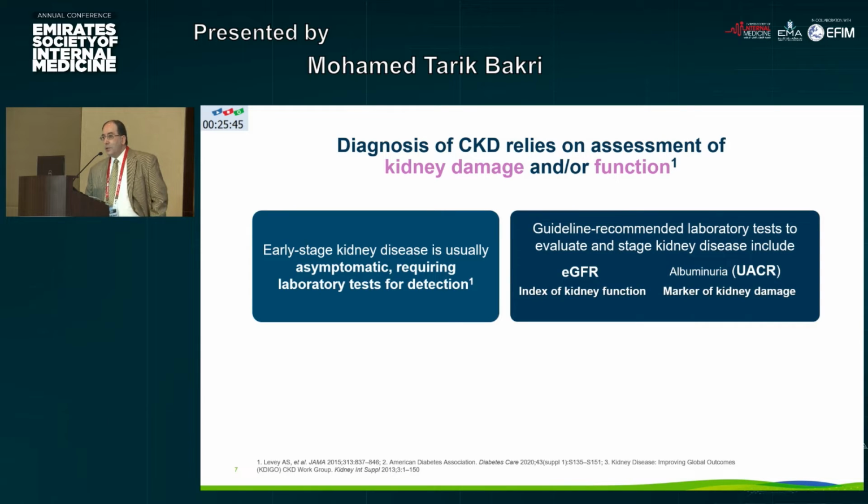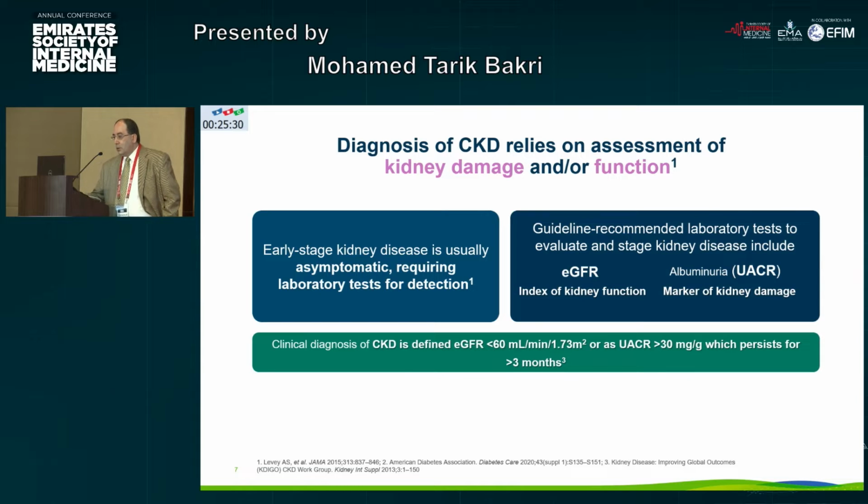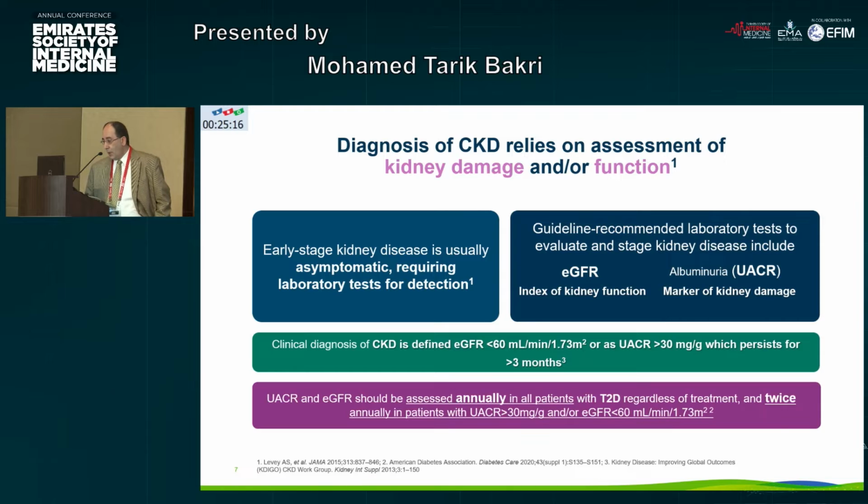We can really detect it early by doing the eGFR, which is an index of kidney function, and we can do the urine albumin creatinine ratio, which is also a marker of kidney damage and early fibrosis. The definition of CKD, as you see here, is GFR less than 60 or urine albumin creatinine ratio more than 30 milligram per gram, which persists more than 3 months.